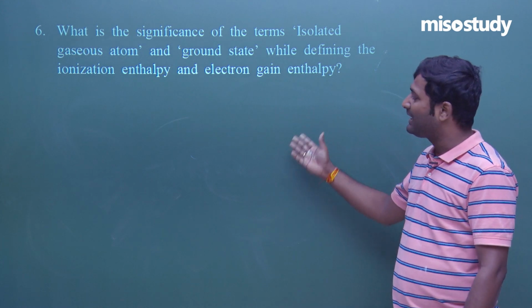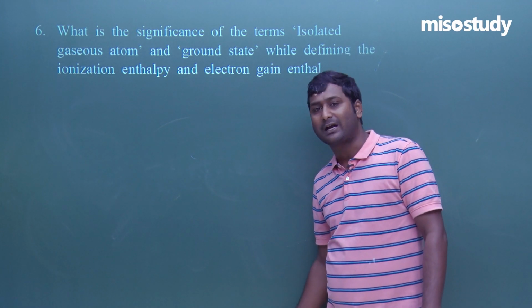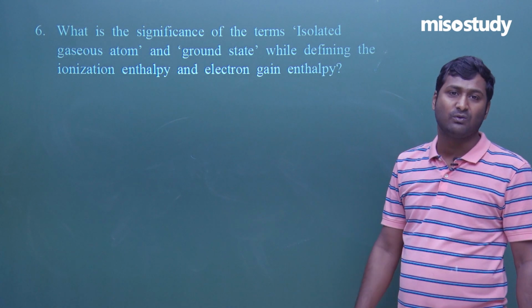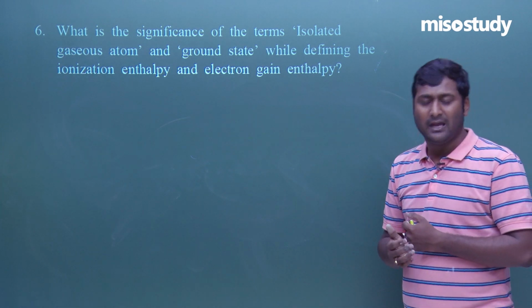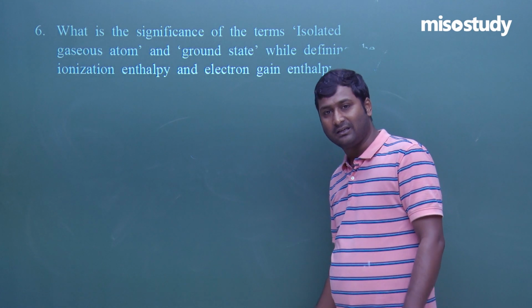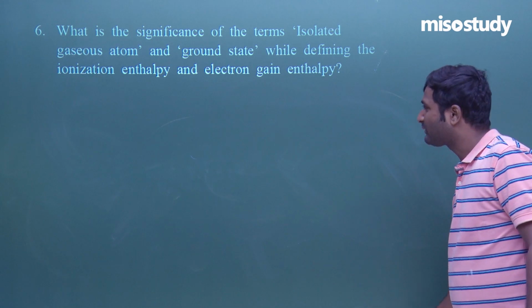And in case of electron gain enthalpy, it may be positive, negative or zero according to the situation. Here in this case, the energy is released. In the general case, we find that it is an exothermic process, but the case is not the same. It may be endothermic. During my lecture, I have discussed this. Clear to you? Now, I think you can easily define this question in your own words.